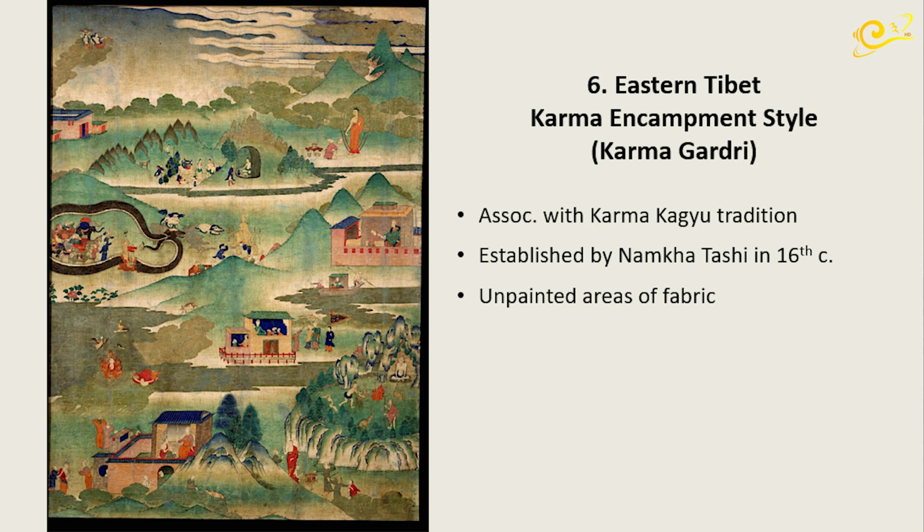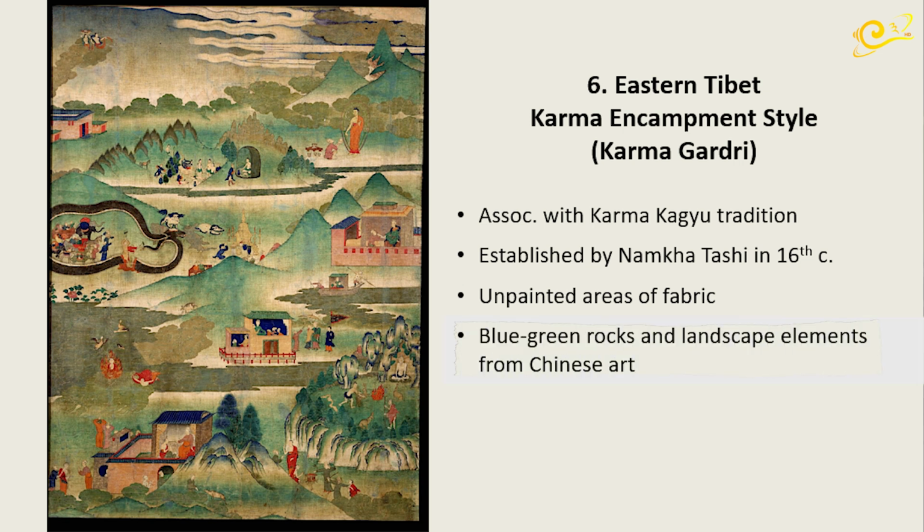Every part of the surface is full of pigment, even if we were trying to show distance. Another thing notable about the Karma encampment style is its reliance upon and heavy use of a Chinese-style blue-green rock.